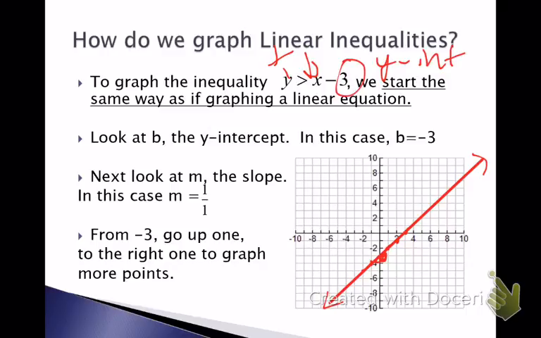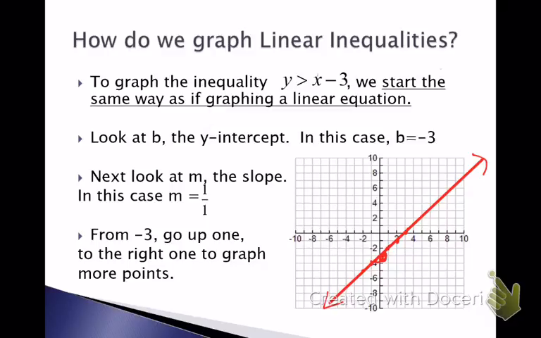But this is not an equation. It's an inequality. So my question for you is, pick a point on that line and see if that line truly is a solution to this inequality up here, right?